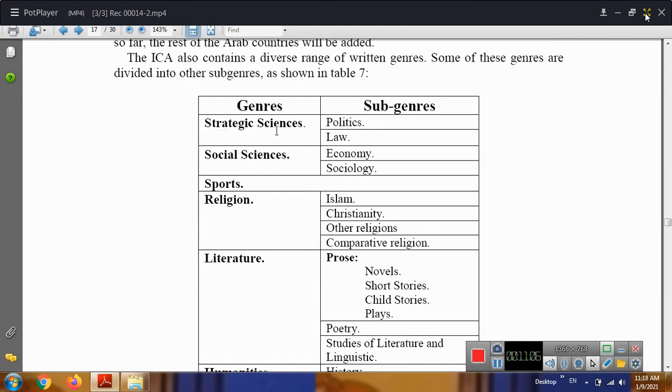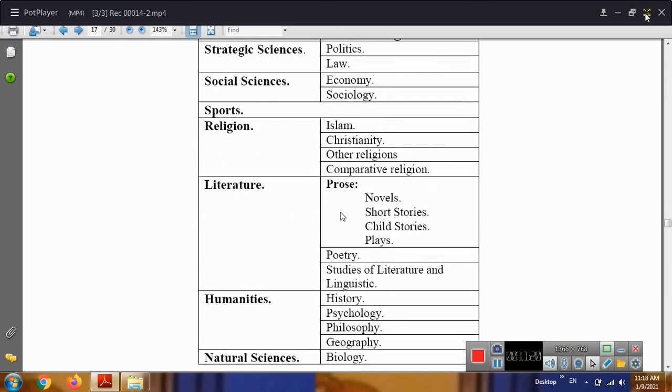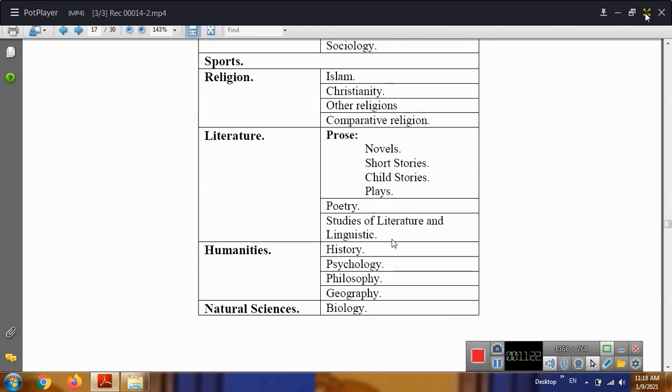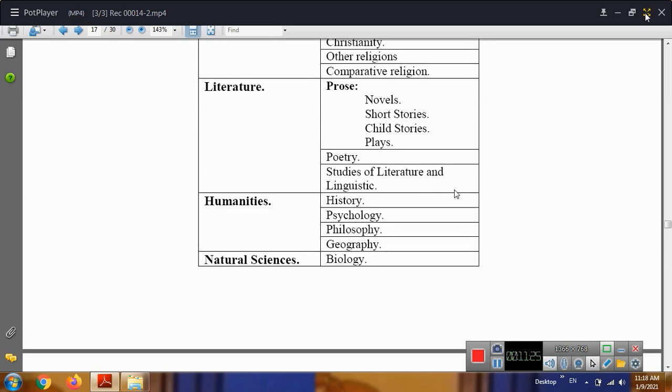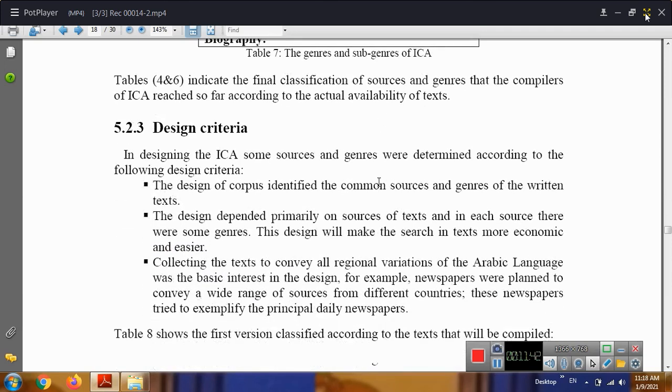You can see the genre strategic science, whose subgenres are politics, law, social science like economics, sociology, sport, religion, Islam, Christianity, other religions, comparative religion, literature, novel, short stories, child story, plays, poetry, studies of the literature, linguistics, humanity, which is the study of literature and linguistics, history, psychology, philosophy, geography, and natural science like biology, and applied science, whose subgenres you can see, art, biography.